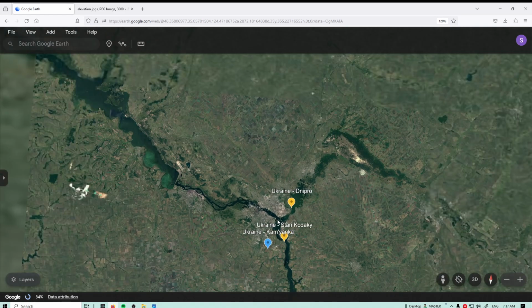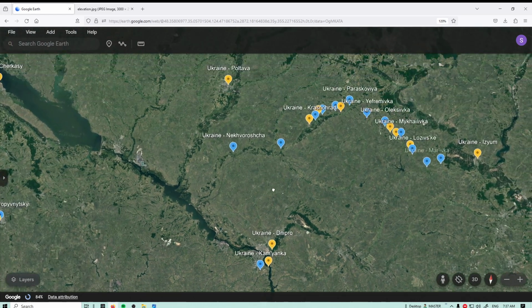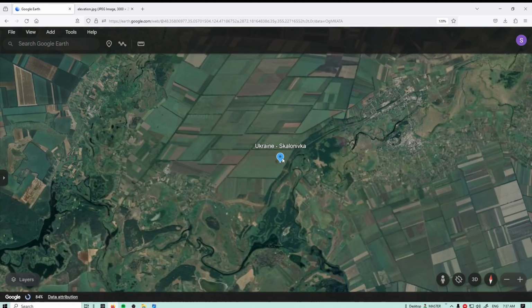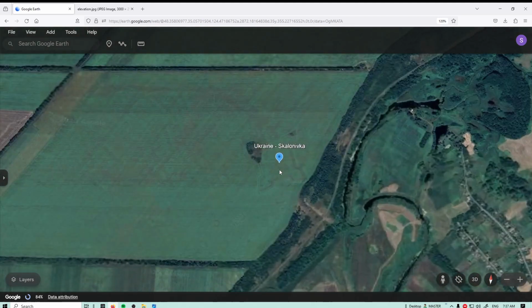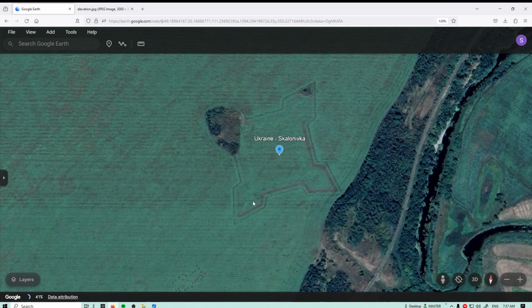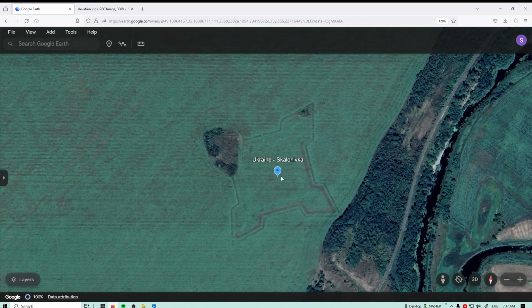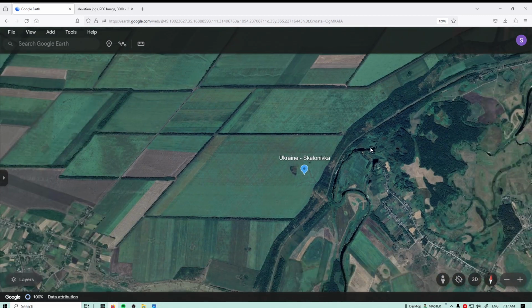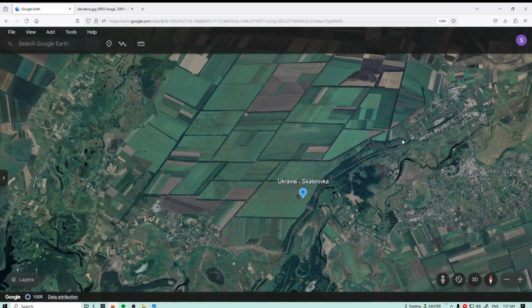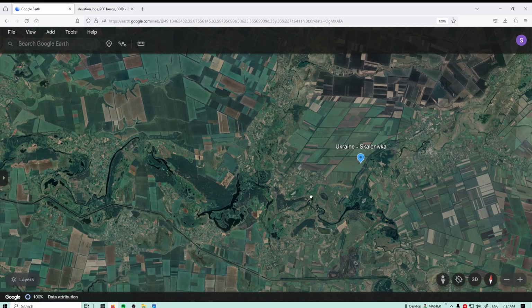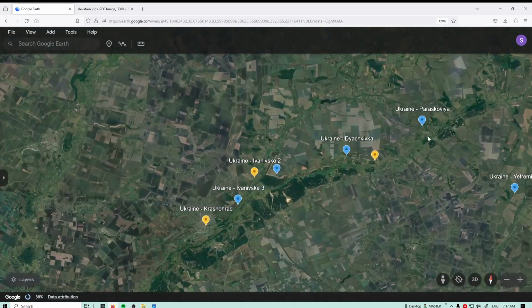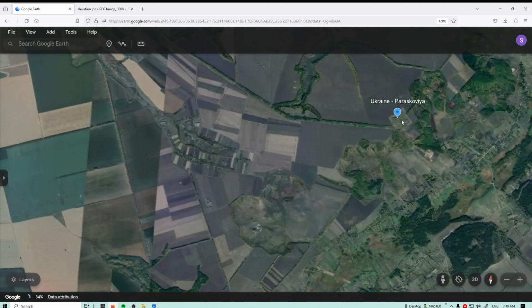Can we see a star fort? We have one here, just below the ground. Just below the ground. Let's go take a look at this one here.